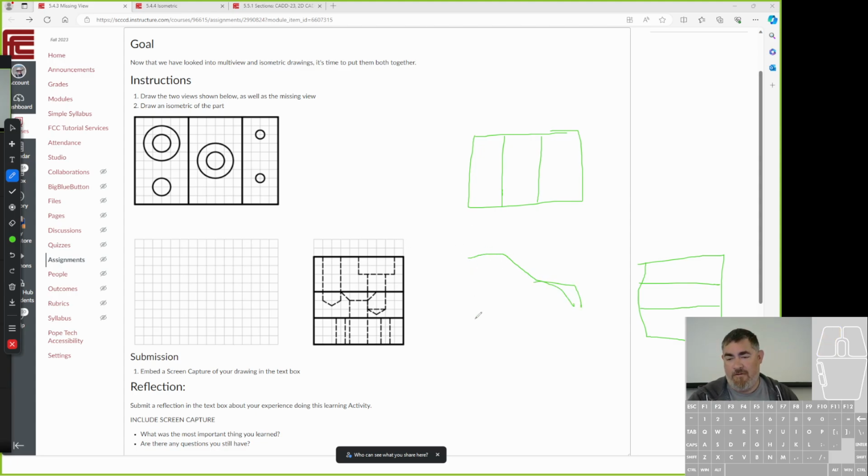Or it could be flat, flat, flat, like that. Or it could be angle, angle, angle. If I had an angle going to there, then flat, then another angle, if my lines lined up.